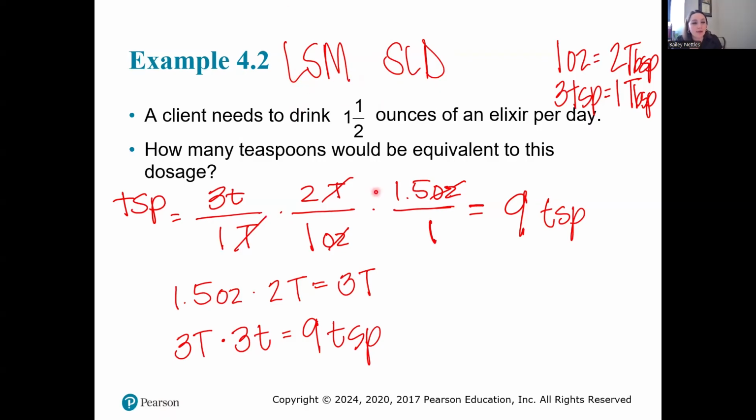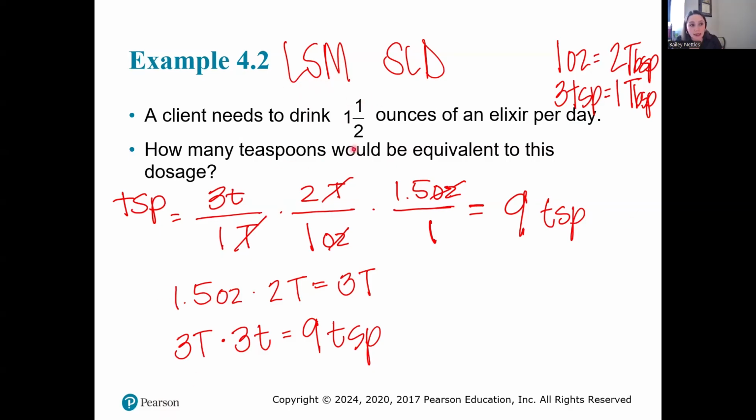But which one's bigger, teaspoons or ounces? The biggest one is ounces. So we're going from large ounces to smaller teaspoons. So we need to multiply our conversions.